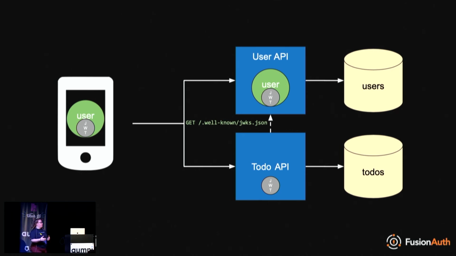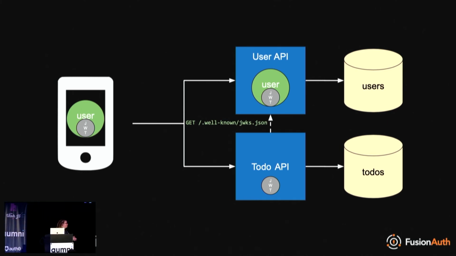So this is just another cool way to add, again, an extra layer of security. The authorization server that signs it and issues the JWT will publish the public key. And just to reiterate, the public key does not decrypt the private key. The public key just verifies that it was signed using this particular private key.